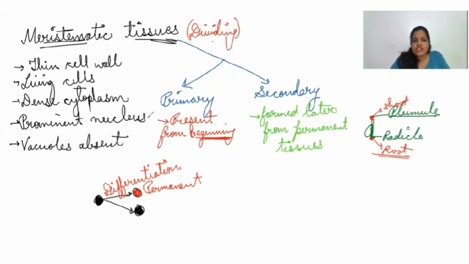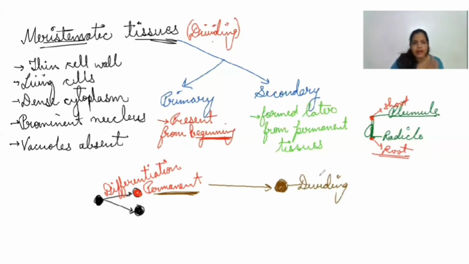Now, what happens? Some of these permanent cells, depending on the position where they are present, sometimes regain the division capacity. I'm not saying all the permanent cells regain division capacity. Some cells, depending on the position in the plant where division is needed, regain the division capacity. I'll draw it in brown color to show that they are already permanent, so they are not the original meristematic tissue cells. Clear? So they are dividing again.